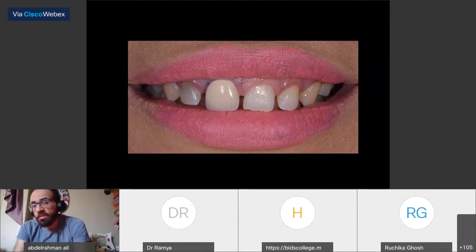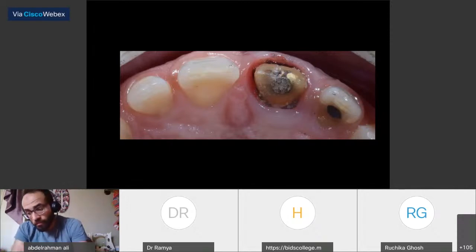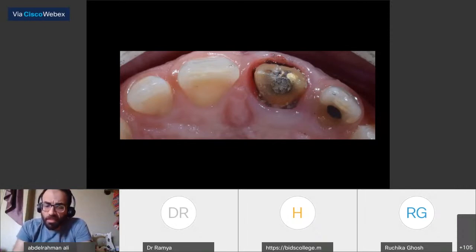I convinced her that we have to change the crown, because the black shadow from the PFM is not okay, and also the size of the crown is not the best. We did some gingivectomy, and after we discussed the case, I told her we cannot do the diastema closure, because if we did, the teeth would be wider. You would have to do aesthetic functional crown lengthening, and she wasn't okay with that.